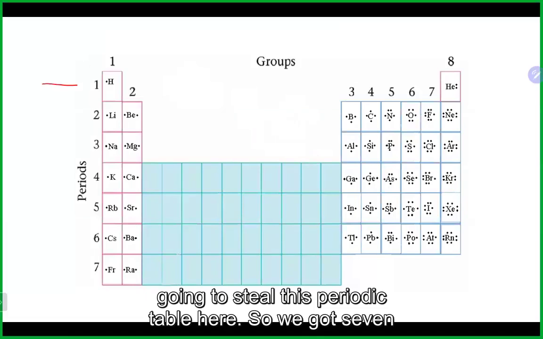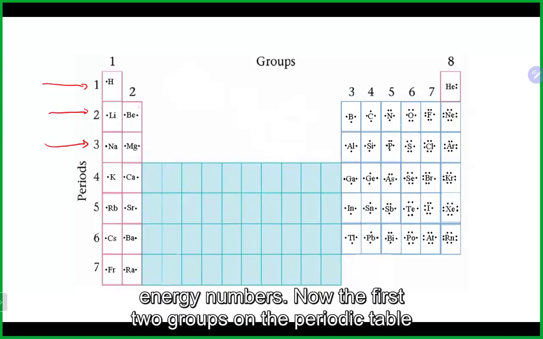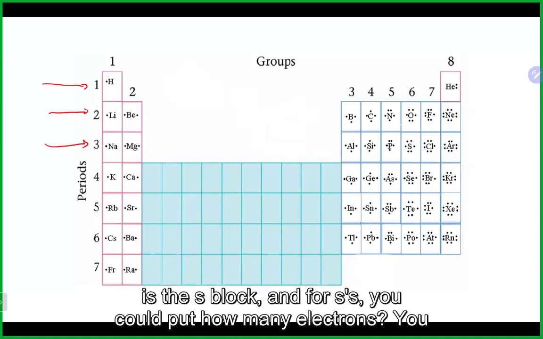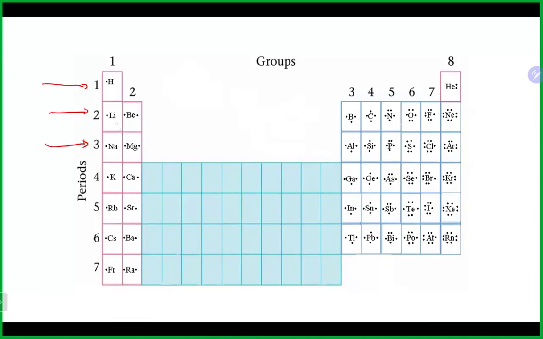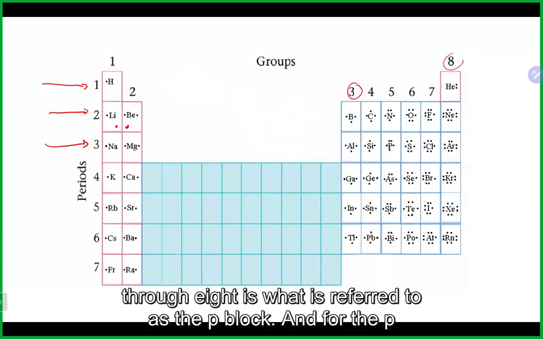So we've got 7 periods, and again, periods go left to right, and those are the energy numbers. Now, the first 2 groups on the periodic table are the S block. And for S, you can put how many electrons? You could do 2, so 1 and 2, basically. Now, groups 3 through 8 is what's referred to as the P block.